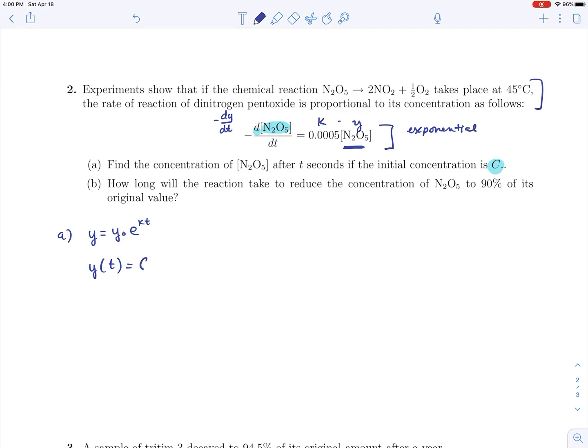C. C e to the negative 0.0005t. So this negative right here, I went ahead and put it onto K.